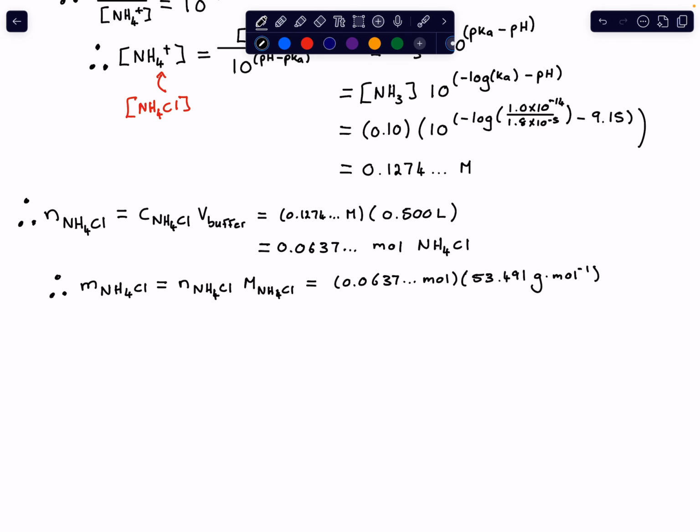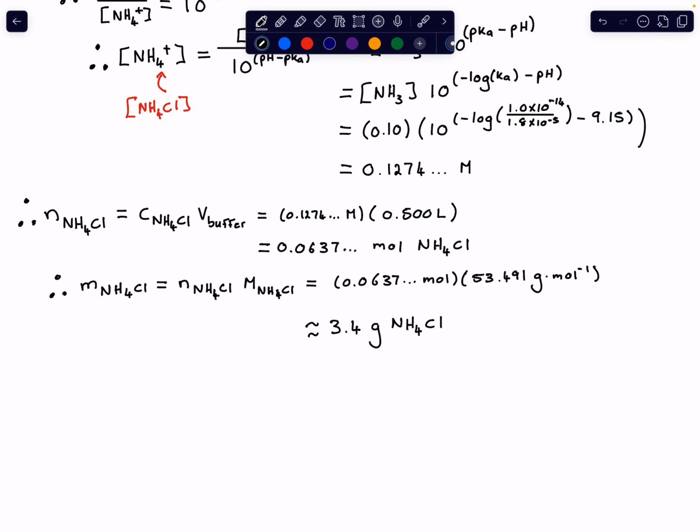That's the important thing, because for the salt that you have to put in, solids don't exist in ion form, they must include a counter ion. So you have the ammonium and the chloride. Your molar mass when you're working with a solid has to include the chlorine, and I get a rounded value here of 3.4 gram of ammonium chloride.